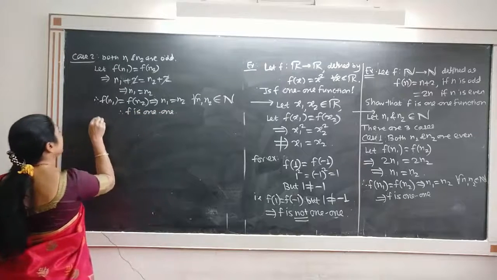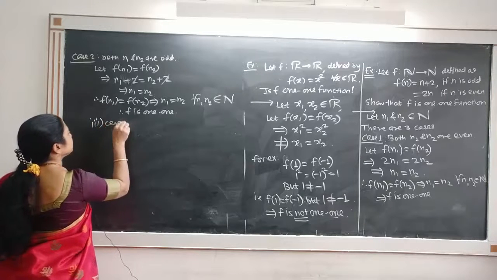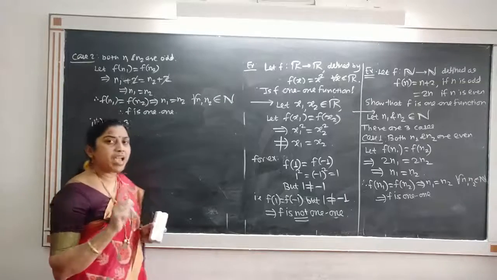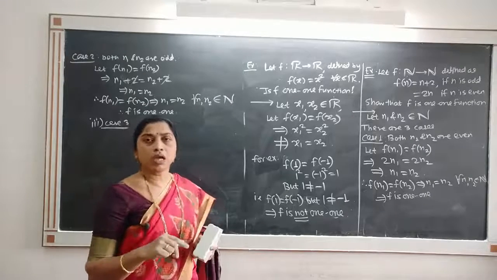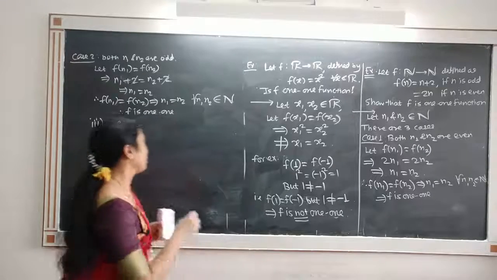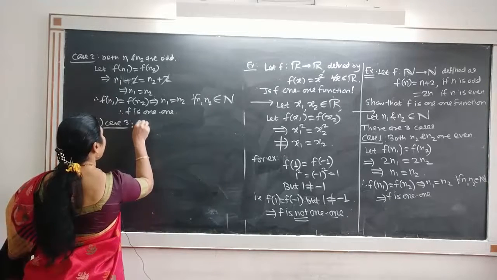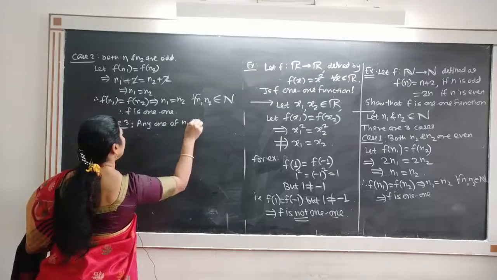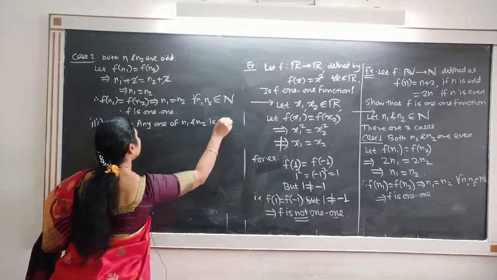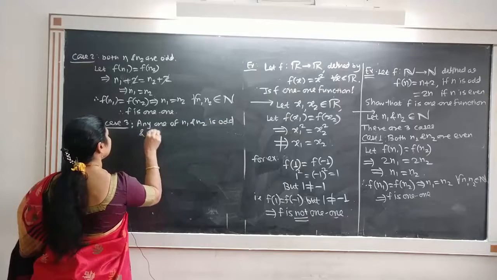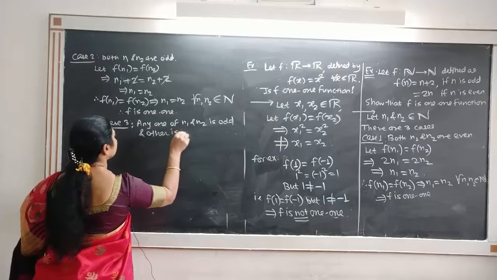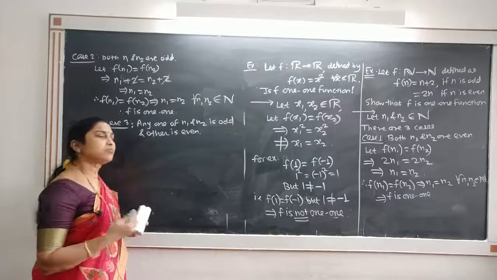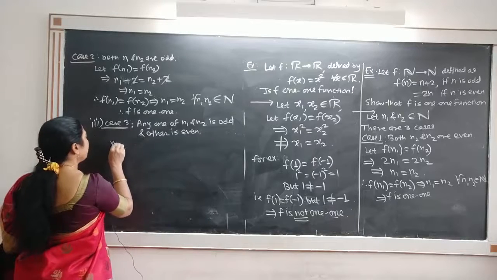Now consider the third case. Any one of them is odd and the other is even. So any one of n1 and n2 is odd and the other is even, without loss of generality, that is it may be anyone, makes no difference.